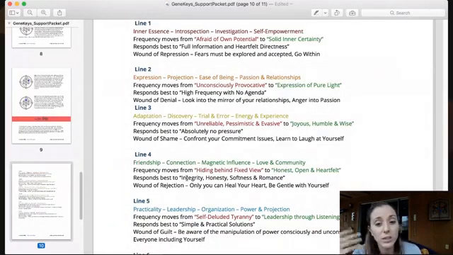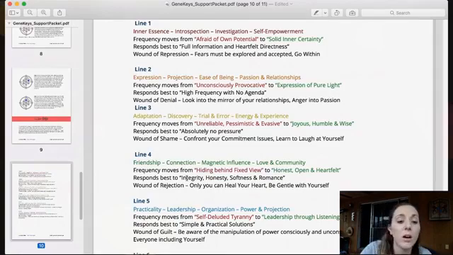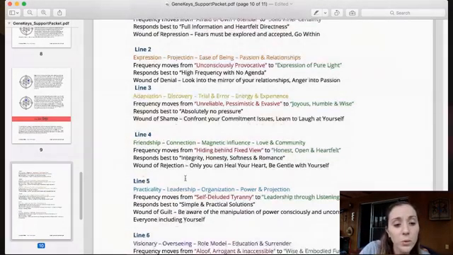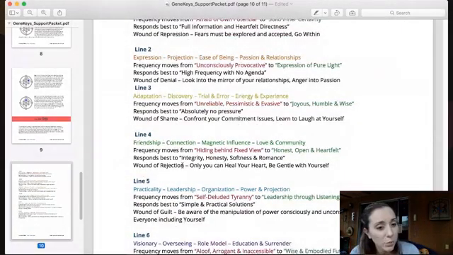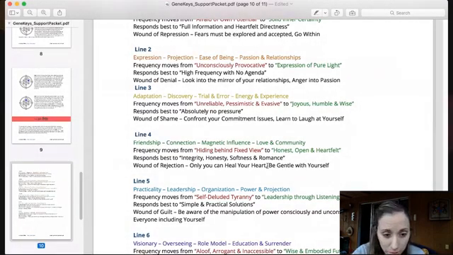So it's about getting yourself out there, having those honest, open, and heartfelt communications and conversations with people. The wound is the wound of rejection. And obviously that's why you're needing that interaction with the community, because you're wanting to heal that wound of rejection, not feel rejected. You're wanting to put yourself out there, raw, open, real, having these conversations. It says only you can heal your heart, and you need to be gentle with yourself.